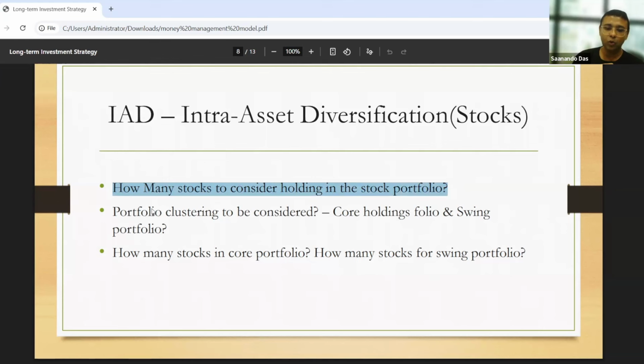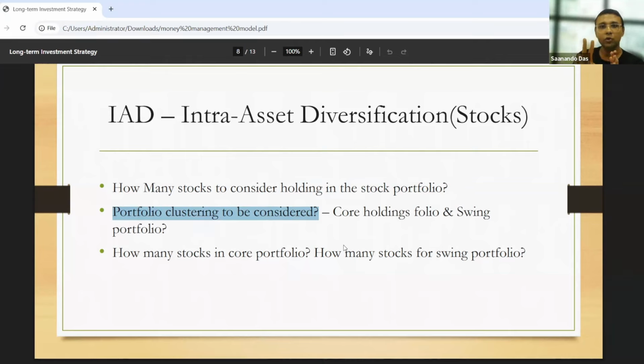What kind of portfolio clustering should we consider? What is that? That is dividing your portfolio into two parts. Even when you choose to be a short-term intraday trader, your portfolio can be divided into two parts in case of stocks.